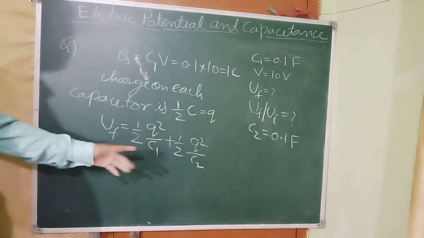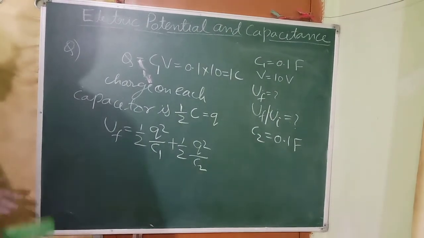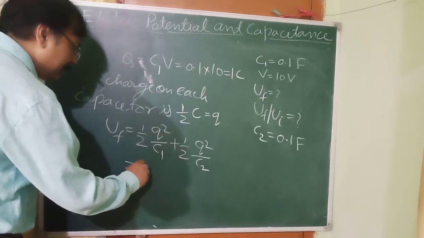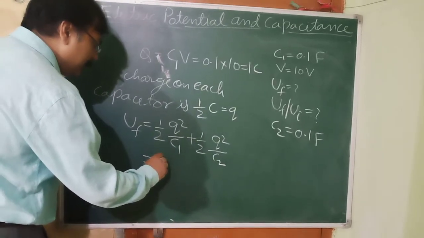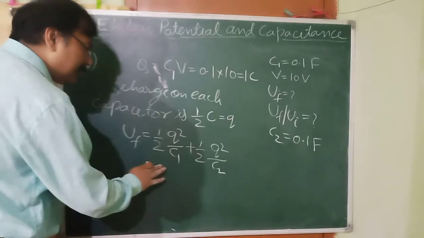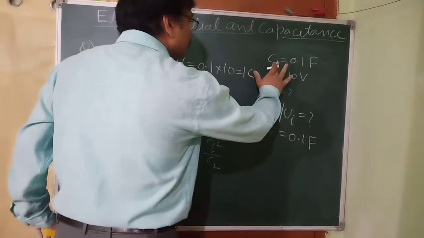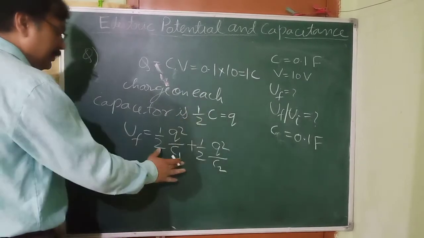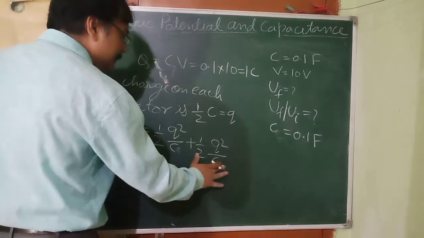But C1 is equal to C2, so no problem. We can write C only for both, because the capacitance is the same.